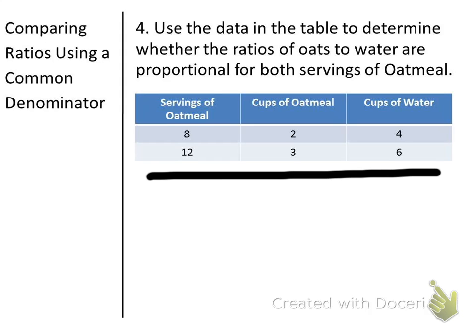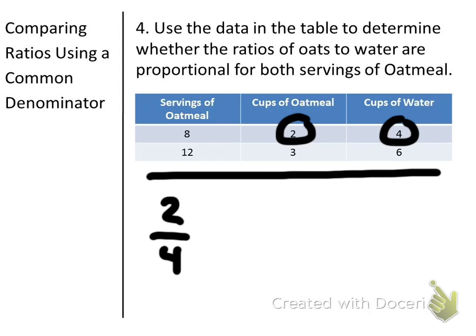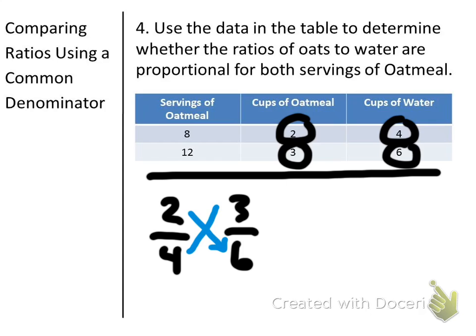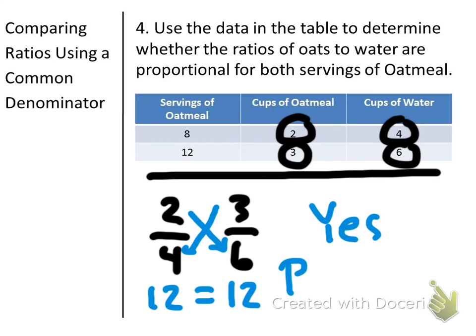So the ratio of oats to water is 2:4, and the ratio of oats to water for 12 servings is 3:6. Now if we cross multiply, are they proportional? Yes, they are proportional.